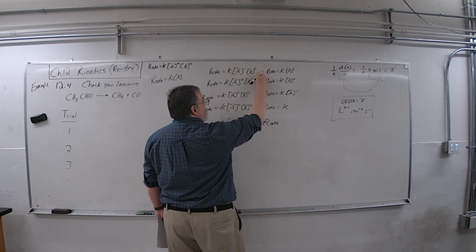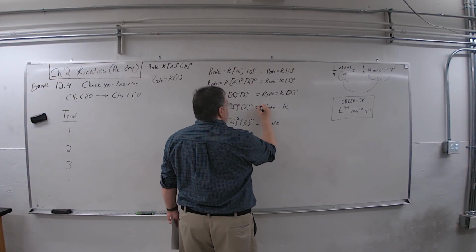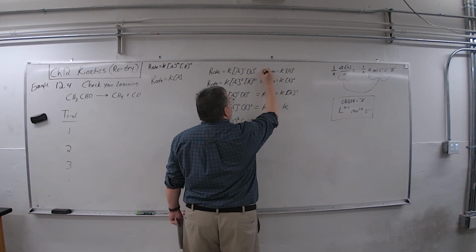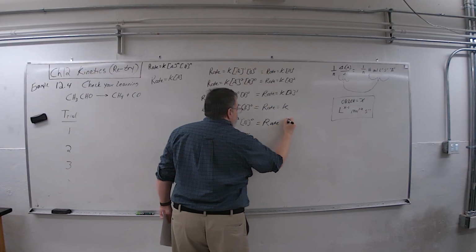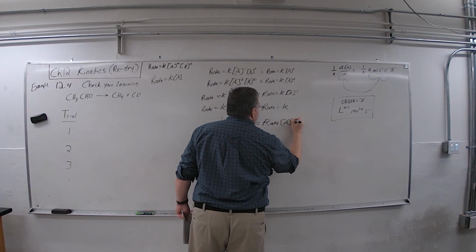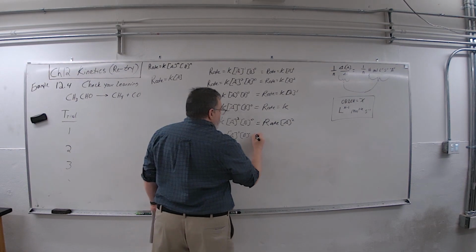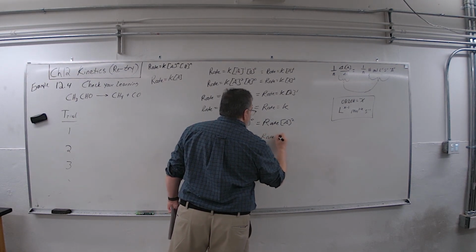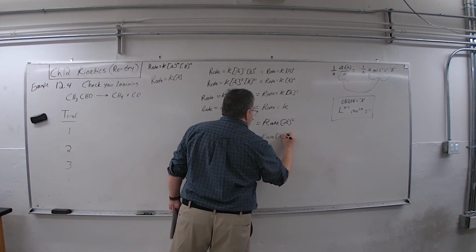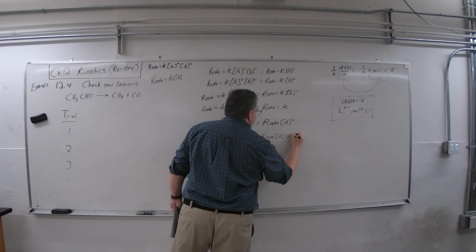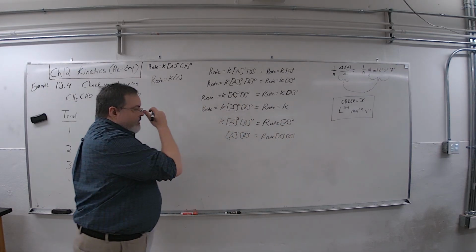I think this equal sign is not making sense. No, that's fine. We're just reducing it. But here the rate equals, here the rate equals, but both of those are second order.